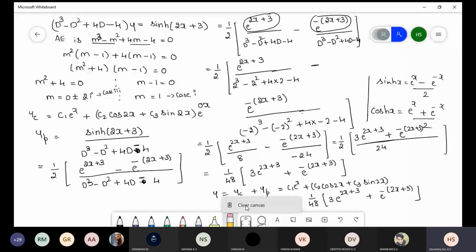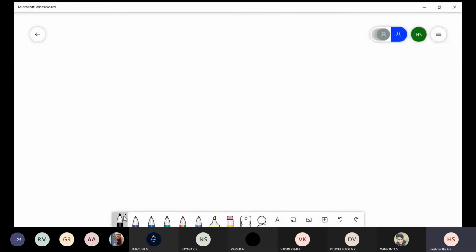In the next problem they have given d power 4 x divided by dt power 4 plus 4x is equal to cos hyperbolic t. In this question, in the place of y they have mentioned x, and in the place of x they have given t. So we have to write the differential operator.